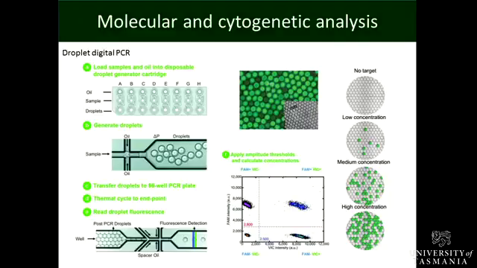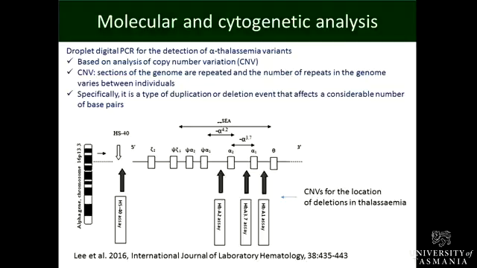So if you've got something like this, high concentration, you've obviously got a high copy number of that particular mutation. If you've got just a few like this, you've got a low copy number of that particular mutation.